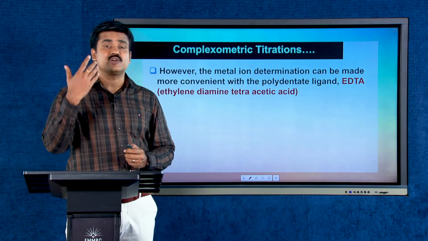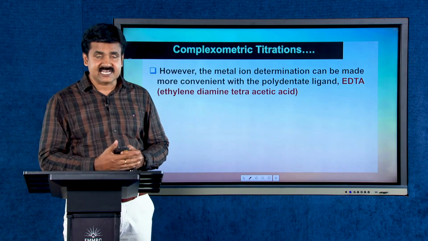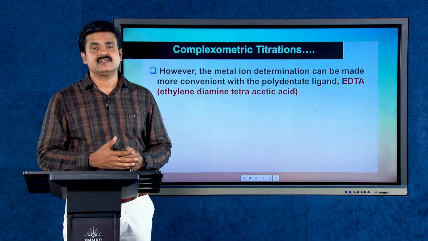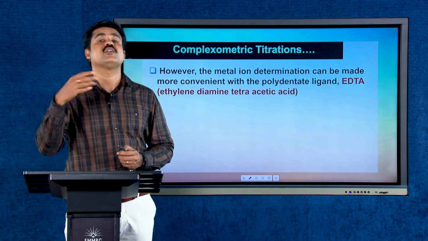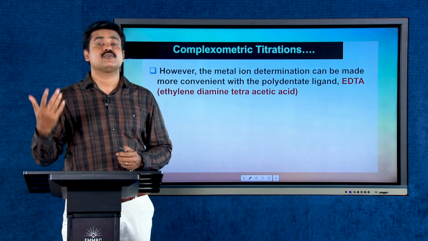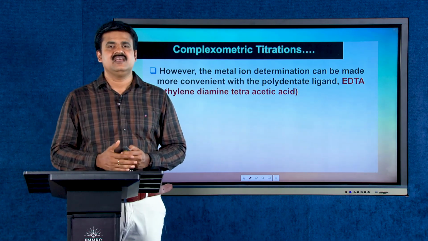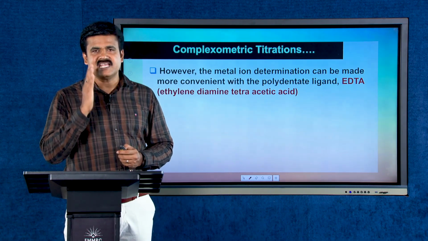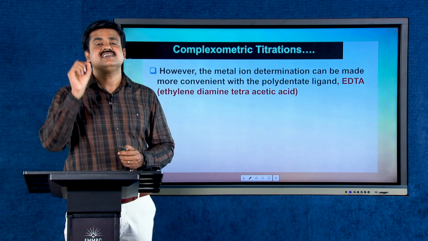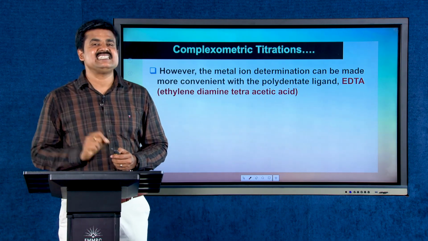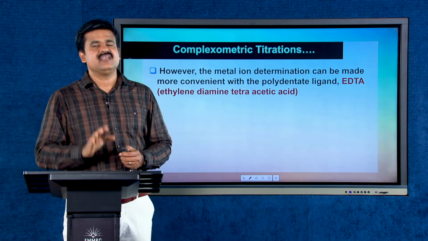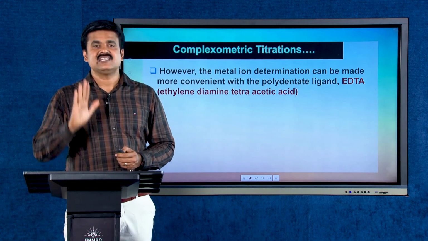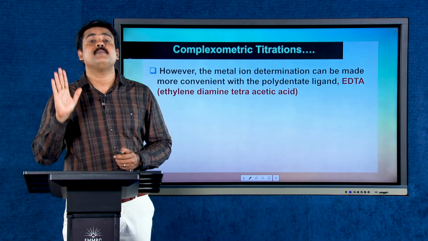If it is able to donate 2 pairs, we call it bidentate. If it is able to donate 3 pairs, it will be a tridentate ligand. In a similar way, a polydentate ligand can donate many pairs of electrons, and specifically EDTA is a polydentate ligand with its maximum denticity equal to 6. Actually, EDTA is a hexadentate ligand. It can donate 6 electron pairs at maximum.